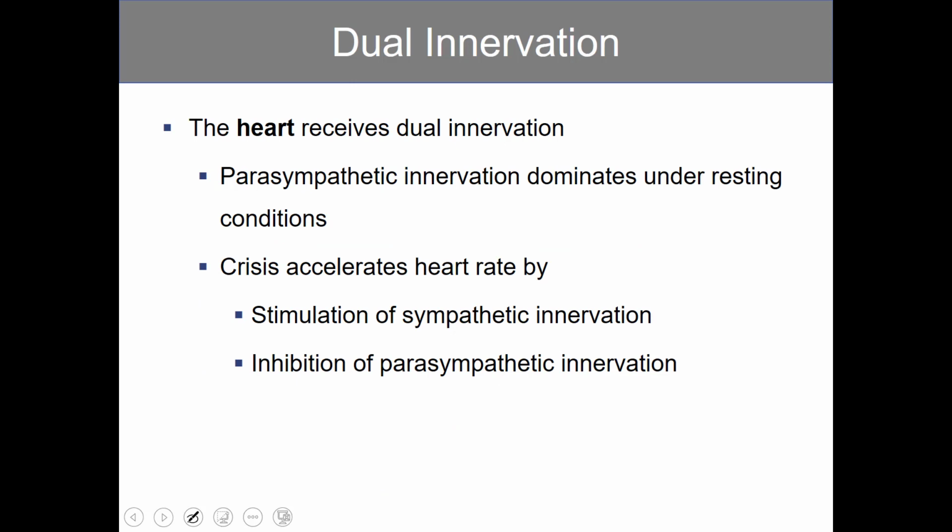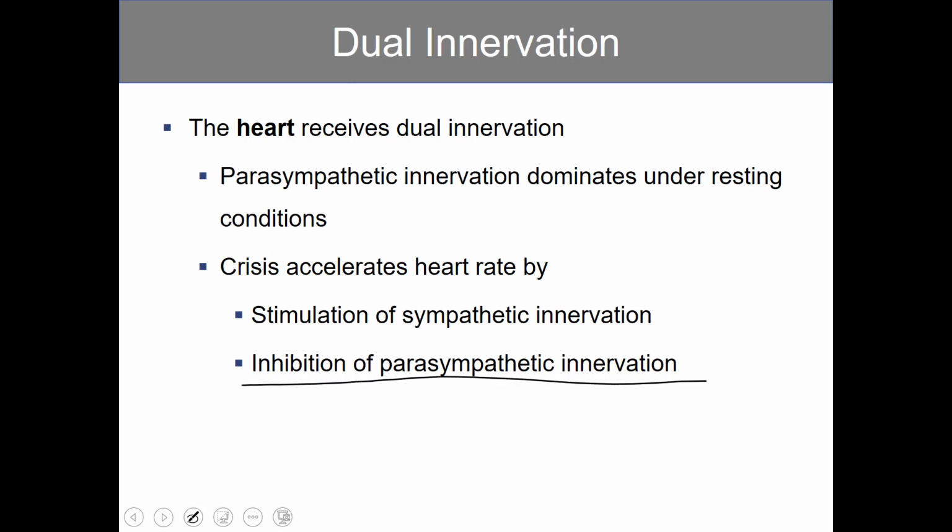Parasympathetic innervation dominates under resting conditions when considering the heart. And of course, within a crisis, heart rate is going to be stimulated by the sympathetic innervation, and you get an inhibition of the parasympathetic.